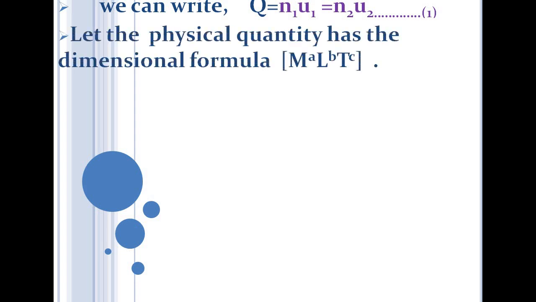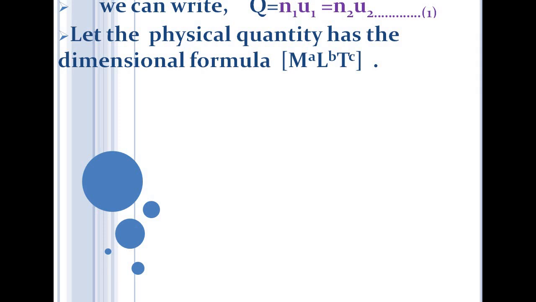What about the dimension? Let us suppose the given physical quantity has dimension M to the power a, L to the power b, T to the power c. We have no idea about a, b, c because it's not a specific physical quantity. It can be any physical quantity.